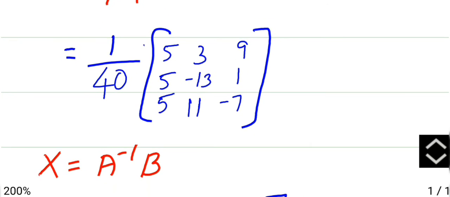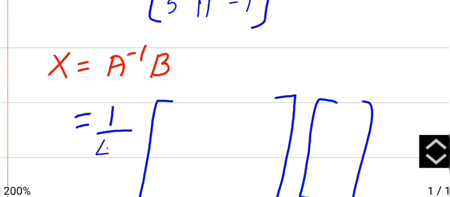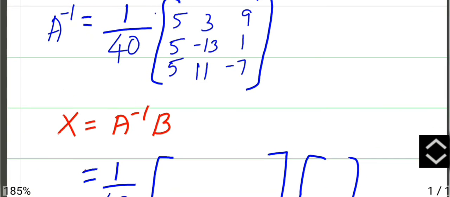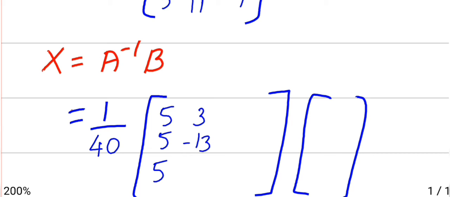Now, what we have to do is multiply that A inverse with B. So we'll write that same thing here, 1 by 40. Then A inverse is 5, 5, 5, 3, minus 13, 11, 9, 1, minus 7.